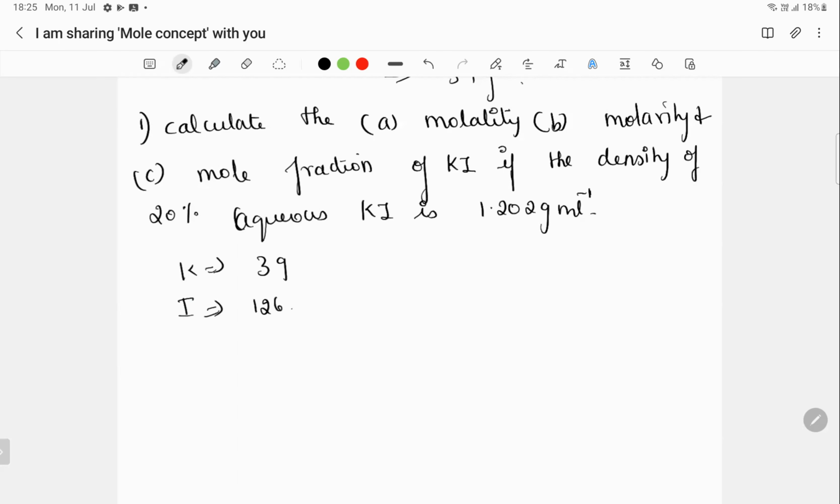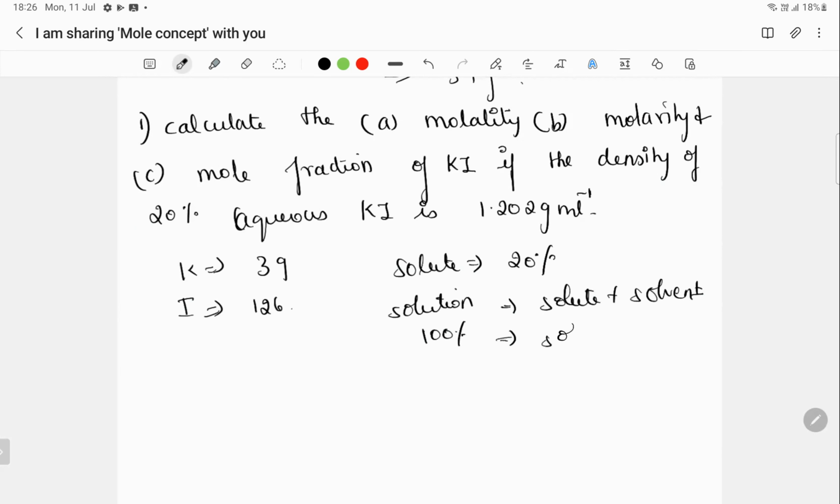So first calculate the molality, then the molarity, then the mole fraction of KI. If the density is 20%, that means your solute is 20%. Solution is equal to solute plus solvent, always 100%.